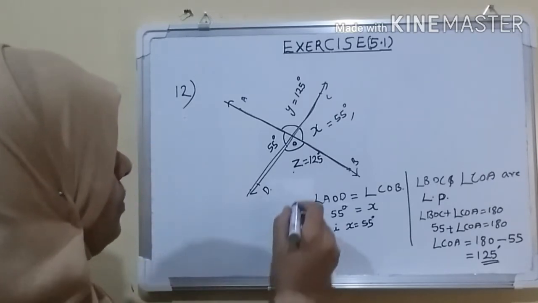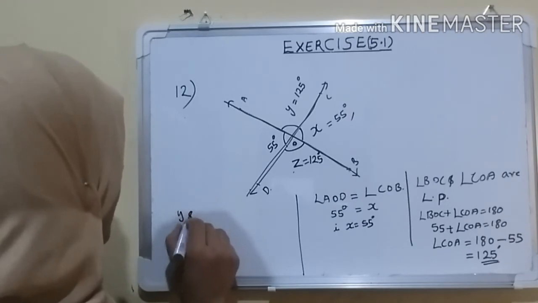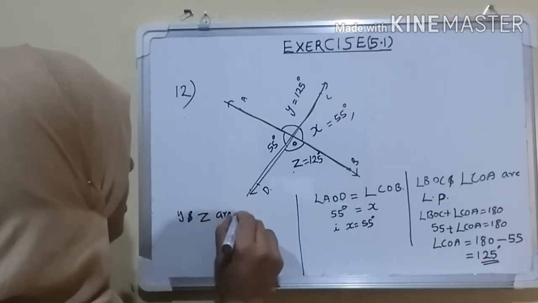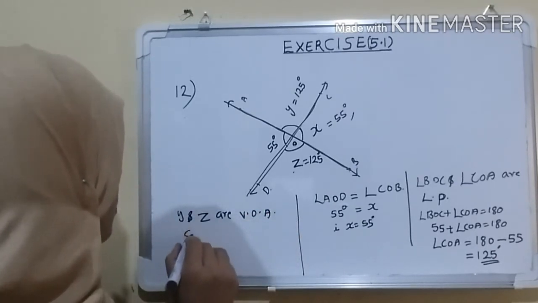So here we can write, Y and Z are vertically opposite angles.